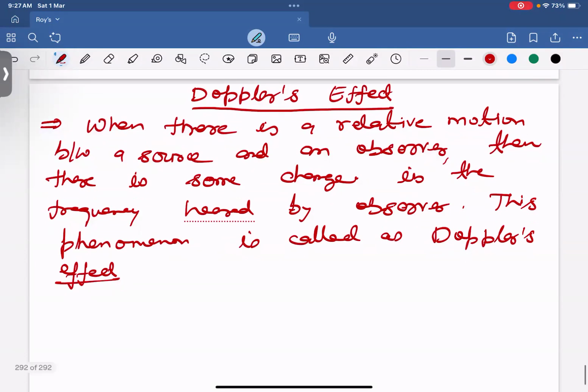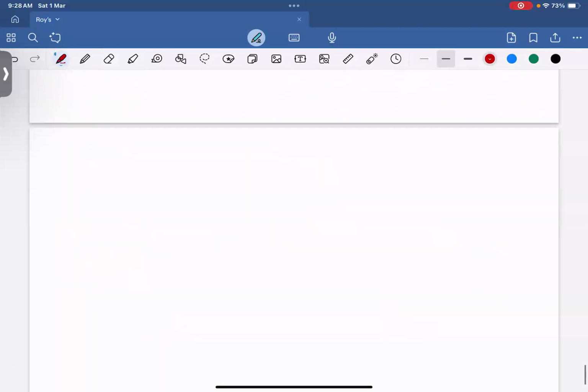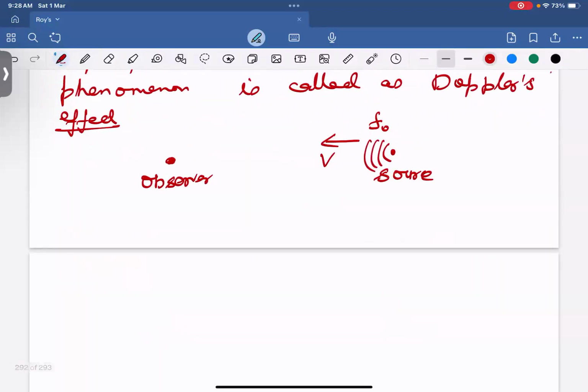So let's suppose this is an observer, and here is some source. This source is producing some sound of frequency f naught. The sound is traveling with the speed v, where v is the speed of sound. And the observer is also moving.